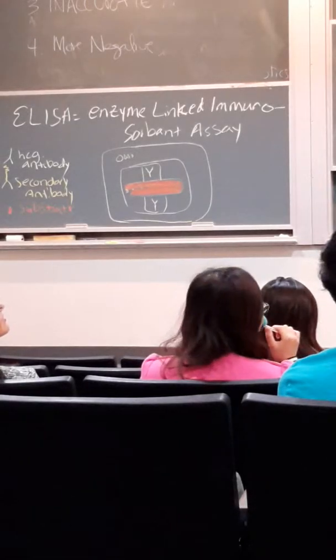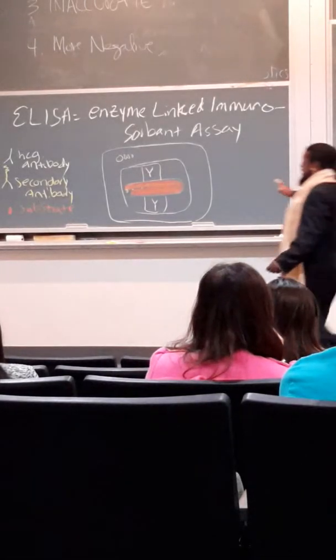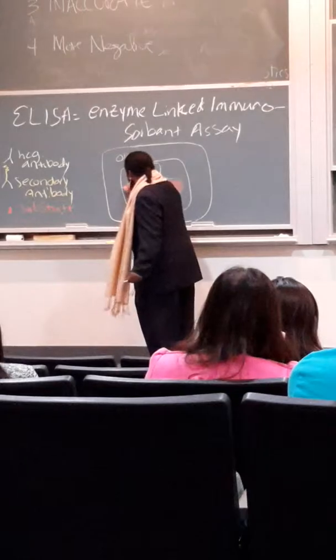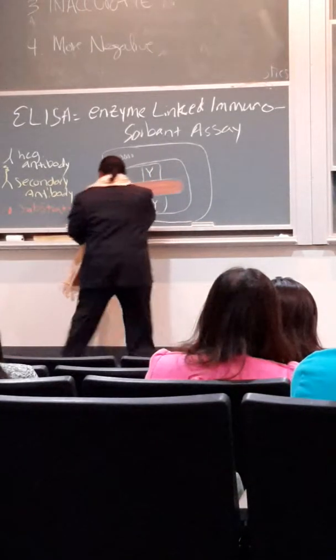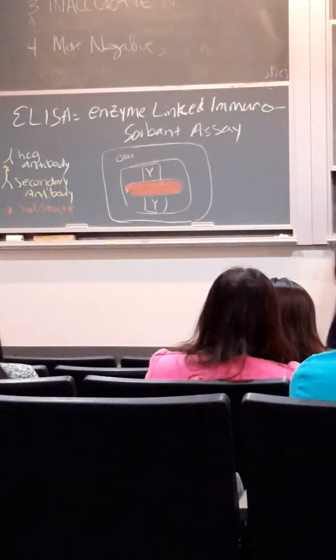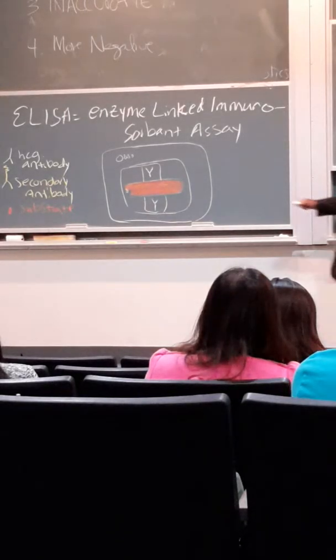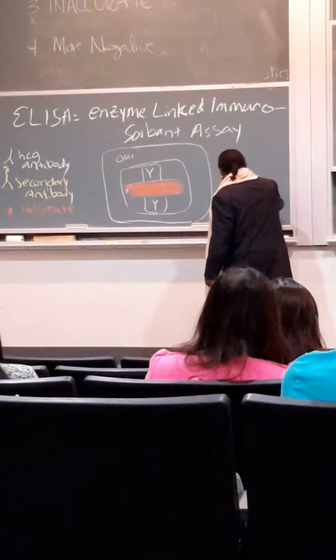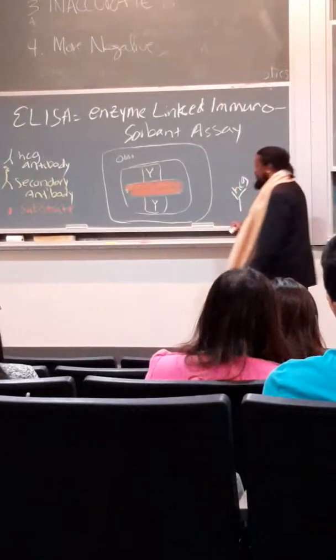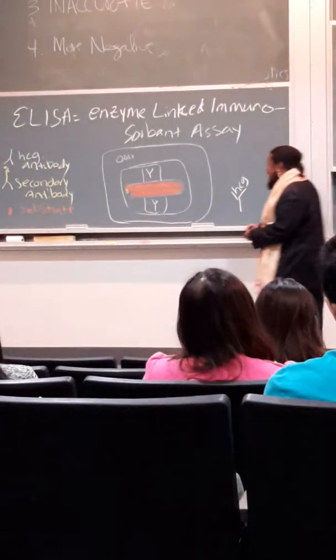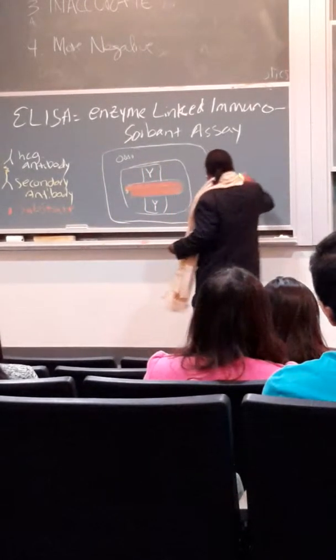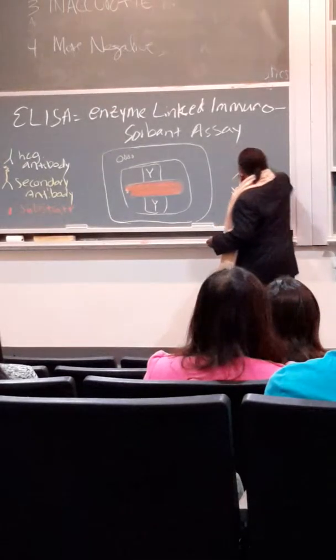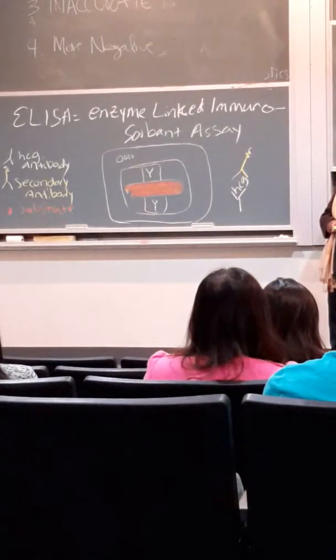So when I pee in there, you wash down the substrate, it interacts with the enzyme and changes color. When my wife peed on hers, the HCG comes down in the urine, and it binds to this HCG antibody. The second antibody, which is also generated to HCG, binds, and it has an enzyme.